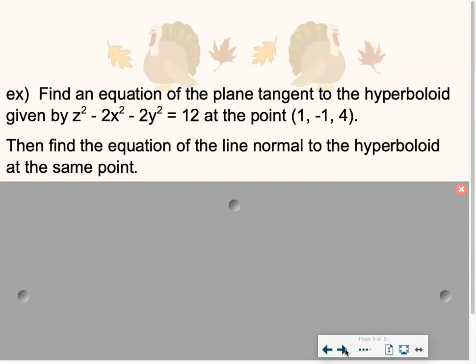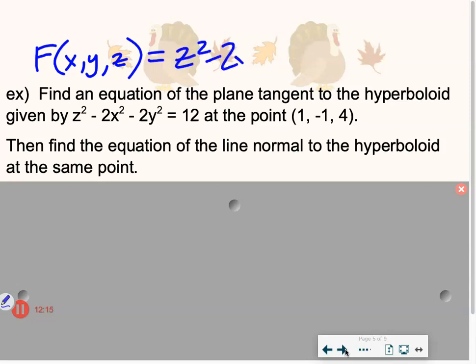The first thing you're going to need in order to find the equation of the plane is to find partial x, partial y, and partial z. So go ahead and find them. Think of this whole big thing like f of x, y, z, as z squared minus 2x squared minus 2y squared minus 12.